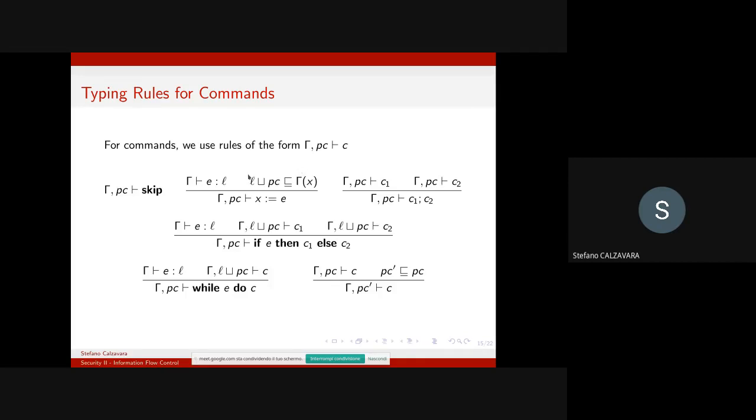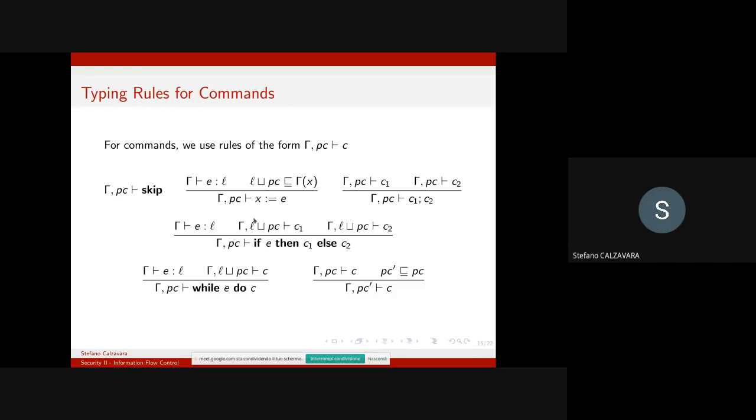But I don't just use the label L. I pick the join between the label L and the PC label. Because the key idea of the PC label, as I said, is that we raise this label once we move inside a conditional which depends on confidential data. In other words, assignment to low variables is forbidden inside a conditional which is high confidentiality.